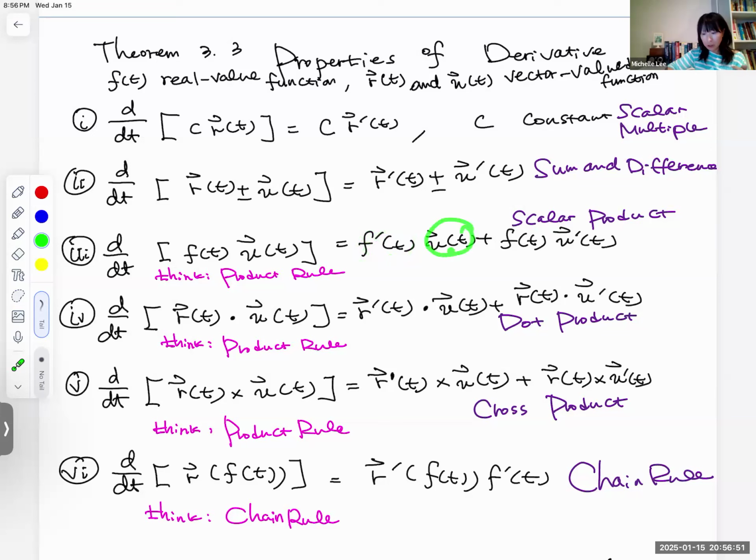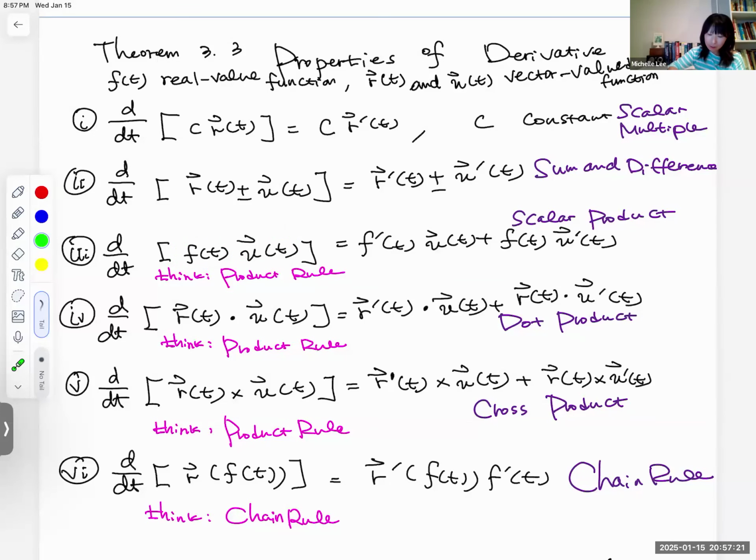And this is a vector function. Then f of t times the vector u prime of t, right? So it looks like a product rule, yeah. But this one is a real number and this is just a vector, right?